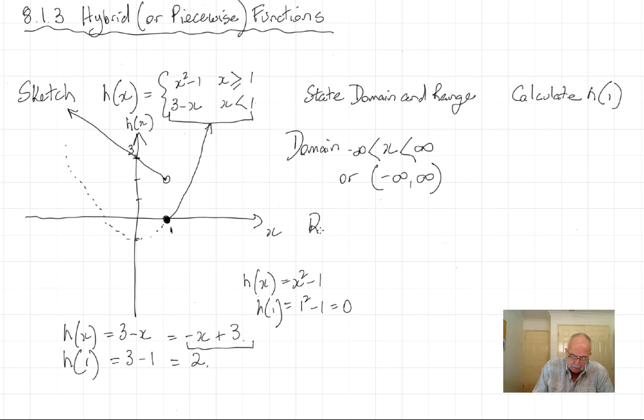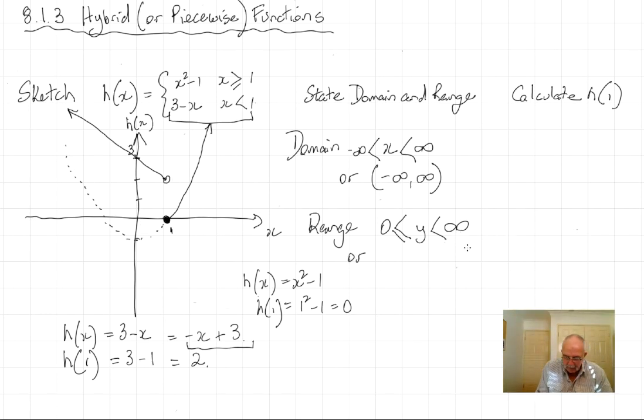Okay, the range. What are the y values? It's clear to see that it can't have any values less than 0. This is the smallest value. The function stops there, and it can include 0, and then it can go all the way up to infinity.